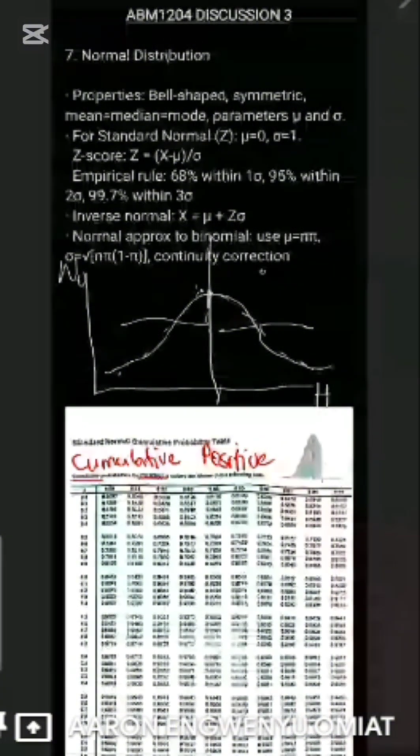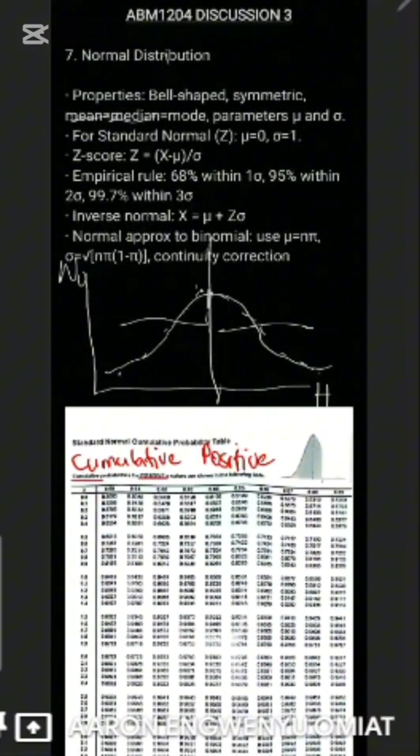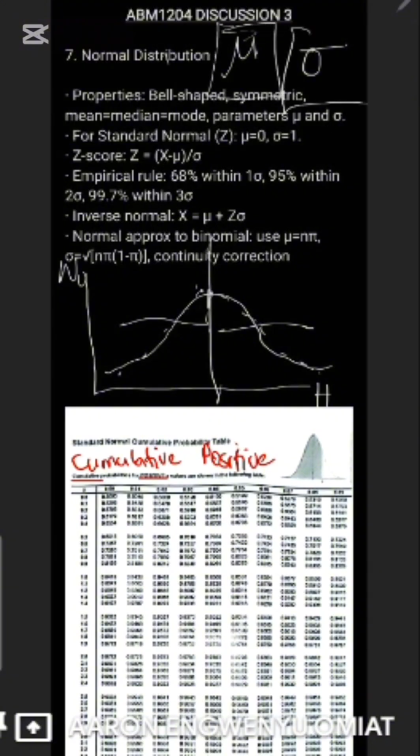You find that the mean is equal to the median, which is equal to the mode when it comes to normal distribution. Then it has two parameters, that is the mean and the standard deviation. Whenever I want to represent a normal distribution, these two parameters are important: the mean and standard deviation.